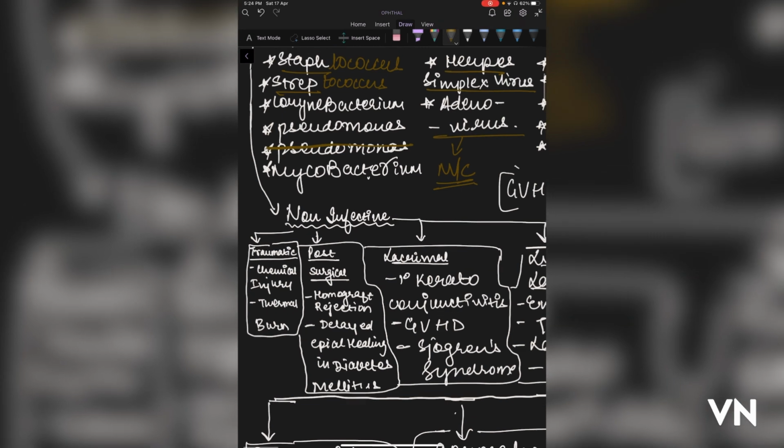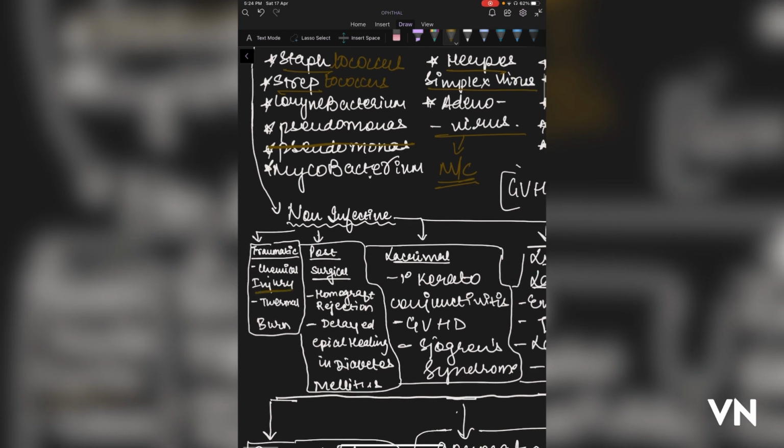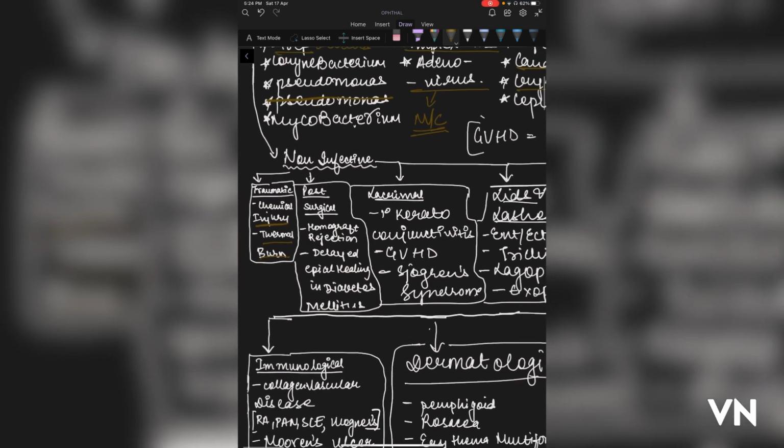Then any chemical injury, like if we are doing an experiment in a laboratory and we are not wearing protective goggles, the eye can be exposed to fumes in a chemical laboratory, and those fumes can lead to damage to the cornea and corneal ulcers. And thermal burns: if a lot of heat is applied to the eye suddenly, that will cause burning of the cornea.